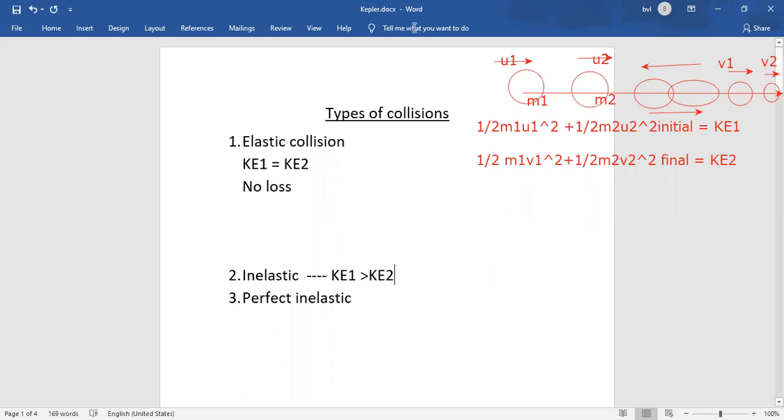KE1, half m1 u1 square plus half m2 u2 square, is greater than KE2, half m1 v1 square plus half m2 v2 square, in the case of inelastic collision. It means these two values are not equal. Why are these two values not equal? We have to observe that.